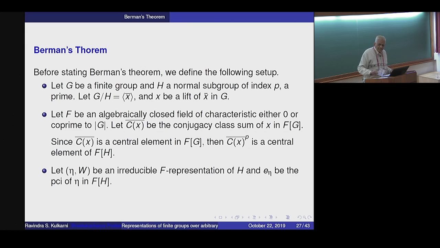Then C bar X is a central element in the group algebra of G. Now, G mod H is a cyclic group of order P, and so this central element raised to the pth power is a central element in the group algebra of F. So, if eta is an irreducible F representation of H, and E eta is the PCI of eta.